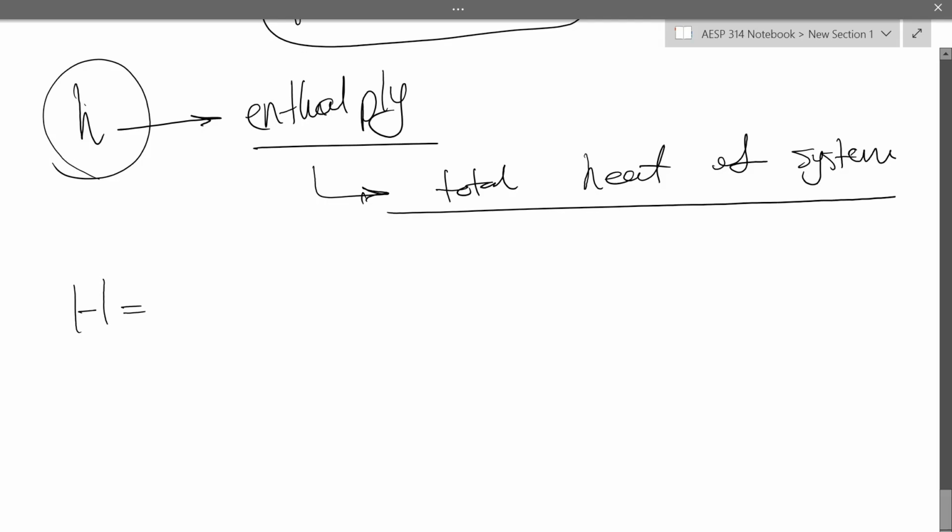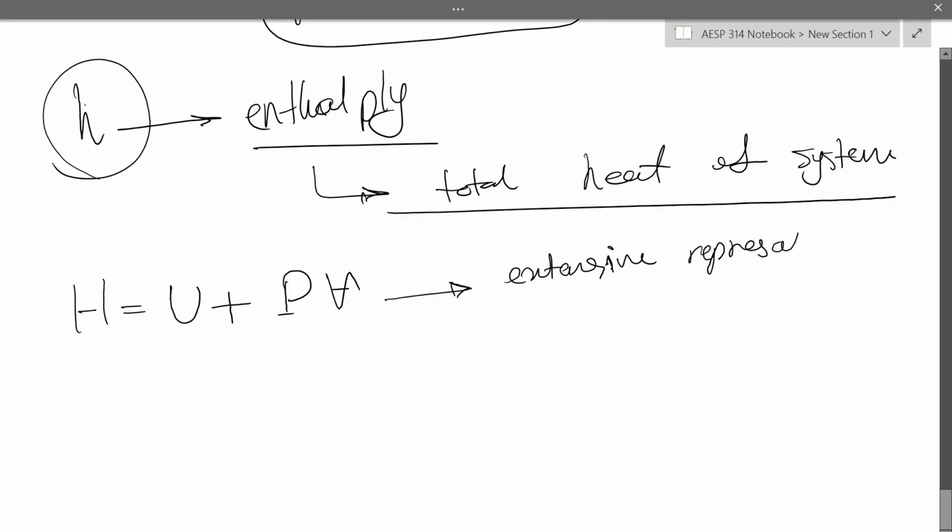In the absence of kinetic energy and also the potential energy, enthalpy can be related to the internal energy plus the product of pressure and volume of the system. And if you recall from the previous lecture, this is the extensive representation of these properties.